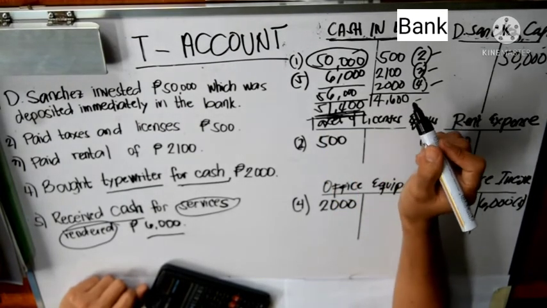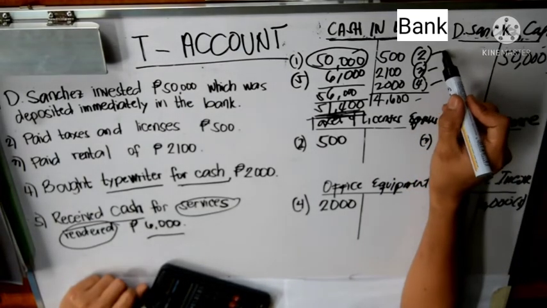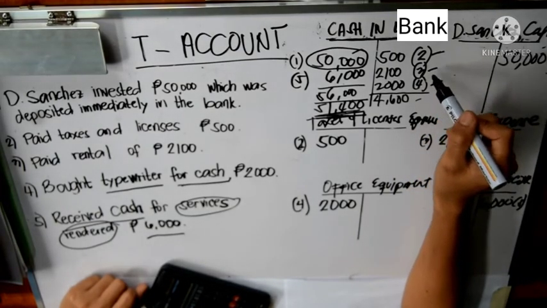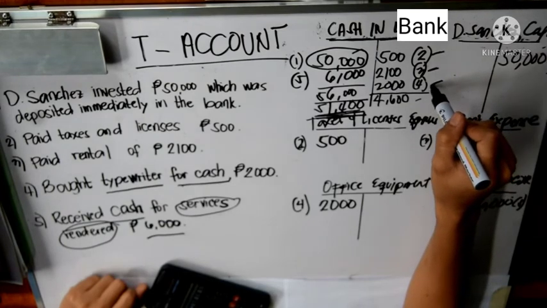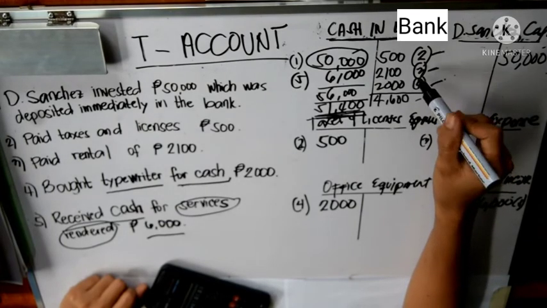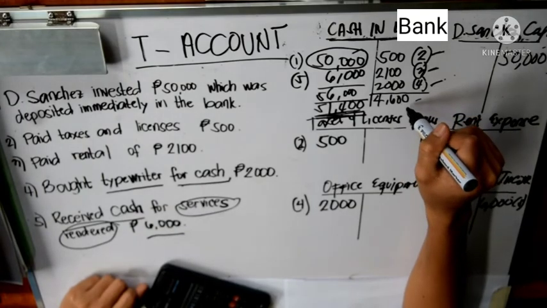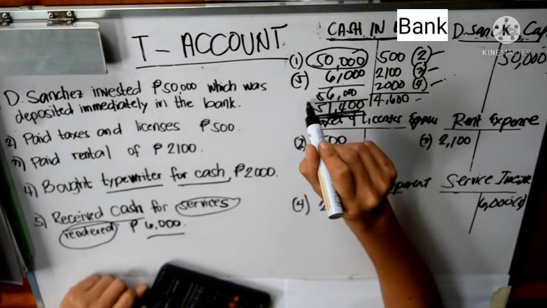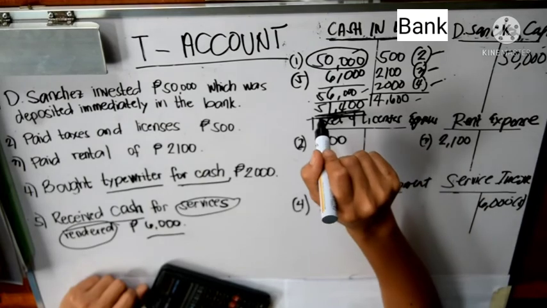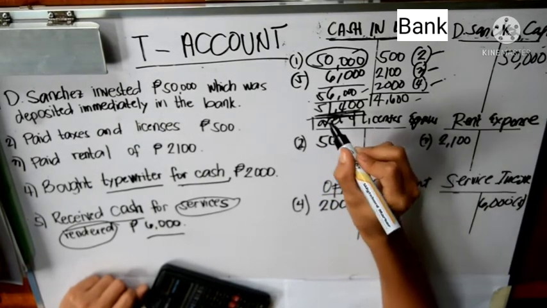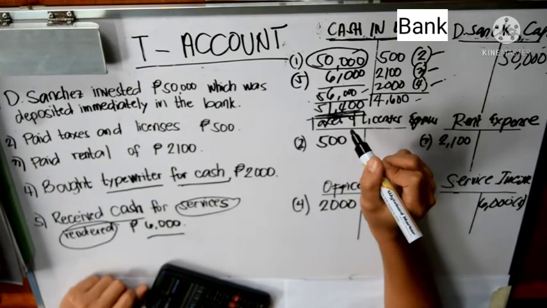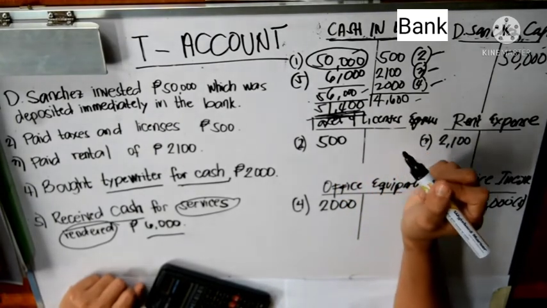Kaya lang, nagbayad tayo ng taxes and licenses, nagbayad din tayo ng rent expense, and bumili tayo ng typewriter which is 2,000 pesos. So, all in all, 4,600. So, yung ating 56,000 na pera, nagiging 51,400 na lamang yung natira. So, this is now the debit balance of our T account in cash in bank.